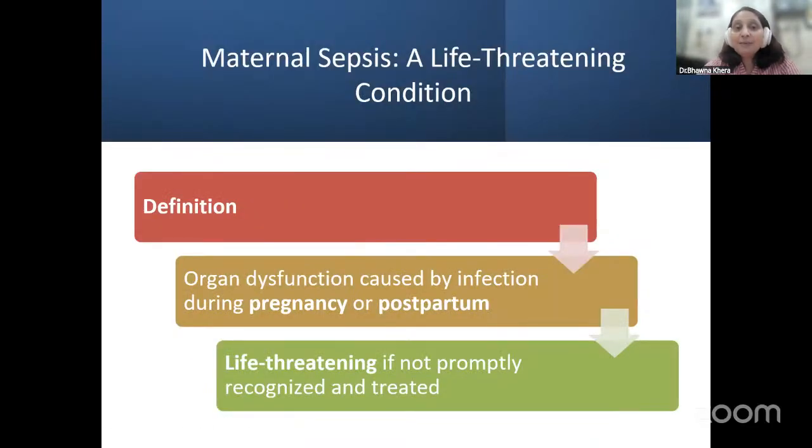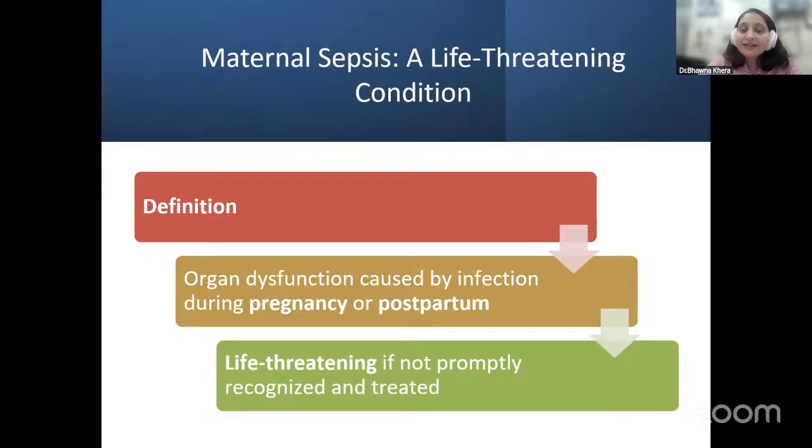So maternal sepsis. This is a life-threatening condition. So what exactly is the definition? Organ dysfunction which is caused by infection. The primary cause is the infection which is leading to the organ dysfunction, and it is during pregnancy or postpartum.